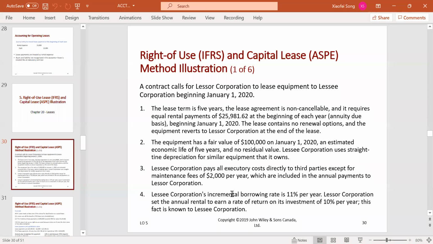Lessee Corporation's incremental borrowing rate is 11% per year. Lessor Corporation sets the annual rent to earn a rate of return on its investment of 10% per year. This fact is known to the lessee. So there are two rates: the lessor rate is 10%, the lessee rate is 11%. Which rate should the lessee use?